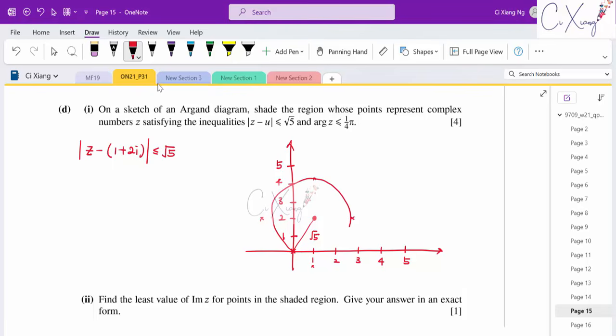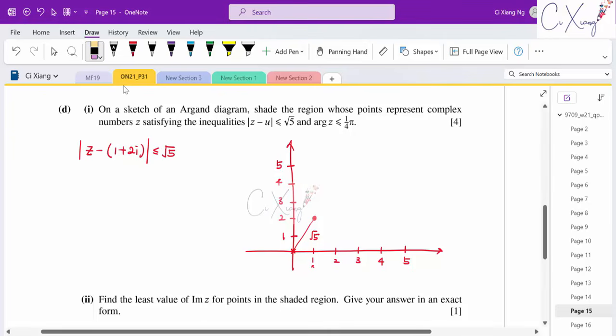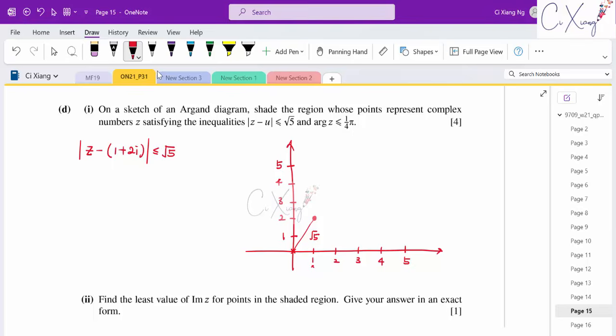My circle might not be very nice, but I just want to emphasize that your circle here must pass through the origin. I think my circle is not nice, so I try to draw it as nicely as possible. One more time, I want a circle that passes through the origin. Something like this. It must pass through the origin. That's the main point. So you might need to take some time to try and sketch it as nicely as possible.